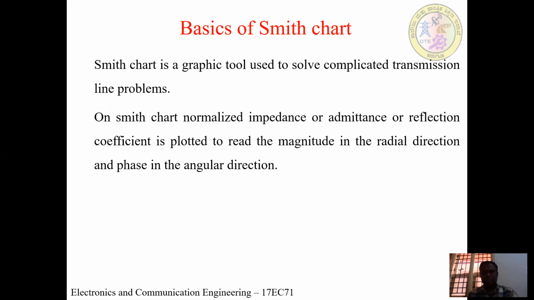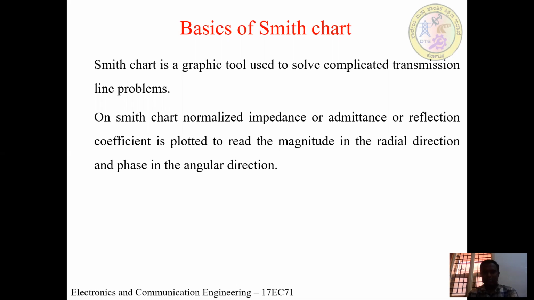Basics of Smith chart. We will see what is Smith chart. Smith chart is a graphical tool used to solve some complicated transmission line problems.